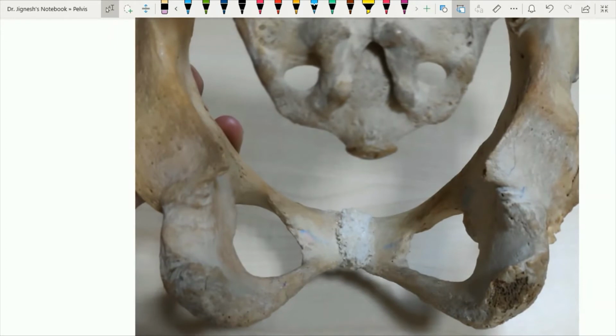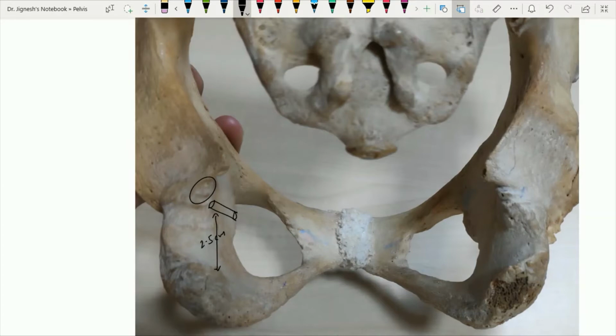This pudendal canal is present within the lateral wall of the ischiorectal fossa around 2.5 centimeters above the ischial tuberosity, passes towards the urogenital diaphragm, and this canal contains the internal pudendal vessels as well as the pudendal nerve. It extends from the lesser sciatic foramen to the urogenital diaphragm anteriorly.